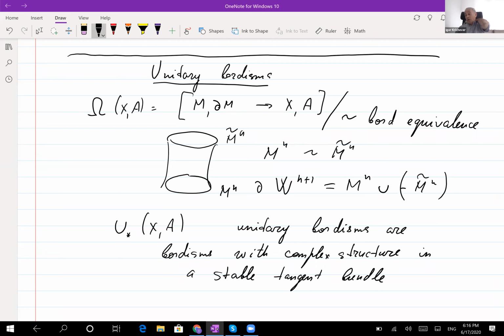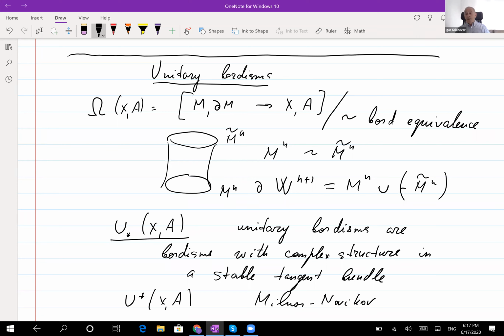By stable, I mean you just add some trivial bundle and introduce in a consistent way a complex structure on the direct sum of your tangent bundle plus the trivial bundle. This is the standard way to introduce unitary bordism, and that is a simple theory. We will be talking about stable unitary bordism. The ring of coefficients of unitary bordism was computed by Milnor and Novikov independently in the 60s, I don't remember exactly.